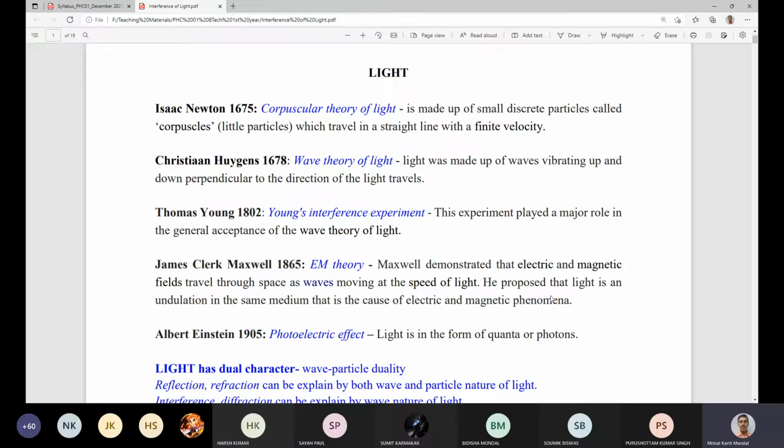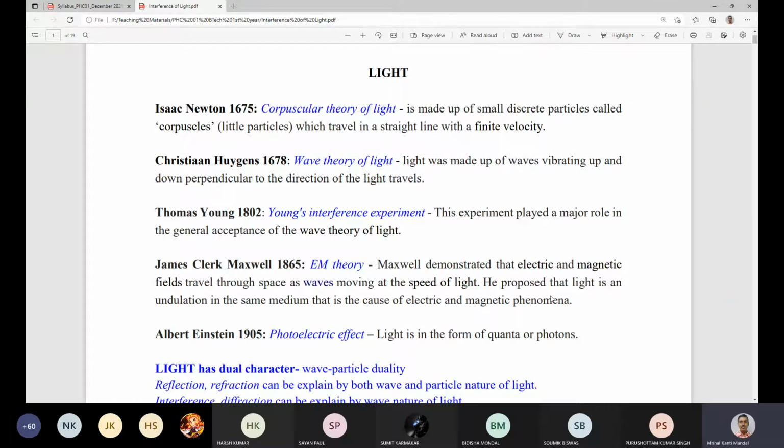Another point we can remember here is that Newton had already introduced the corpuscular theory in 1675, and he had explained the reflection and refraction of light based on it. Later on, Huygens also explained reflection and refraction of light based on the wave theory.